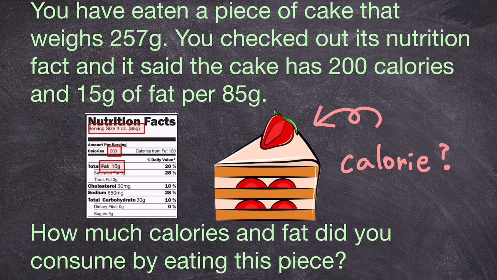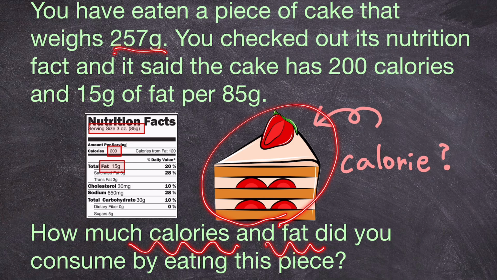You ate 257 grams of it. So you need conversion to figure out the amount of calories and fat you consumed by eating this piece of cake that weighs 257 grams, not 85 grams. So let's get started.